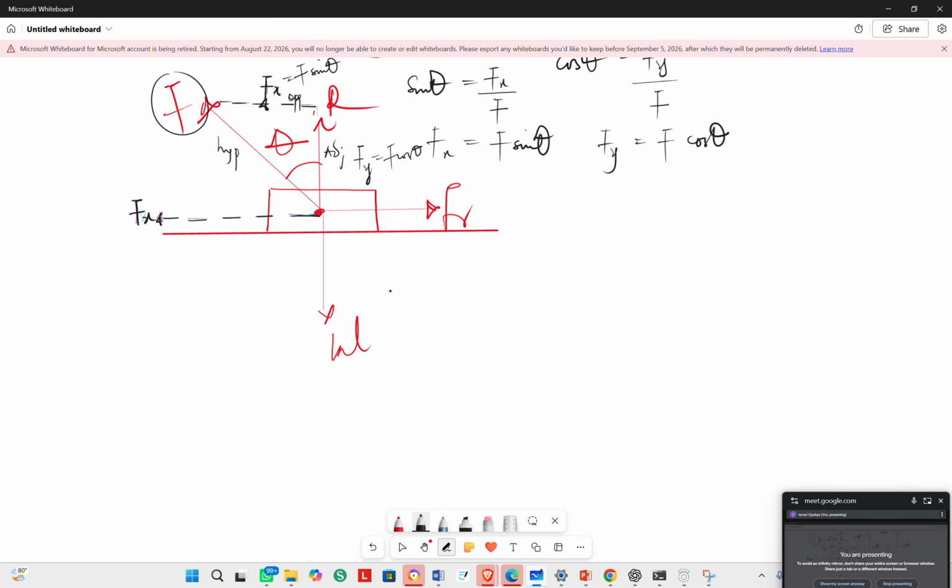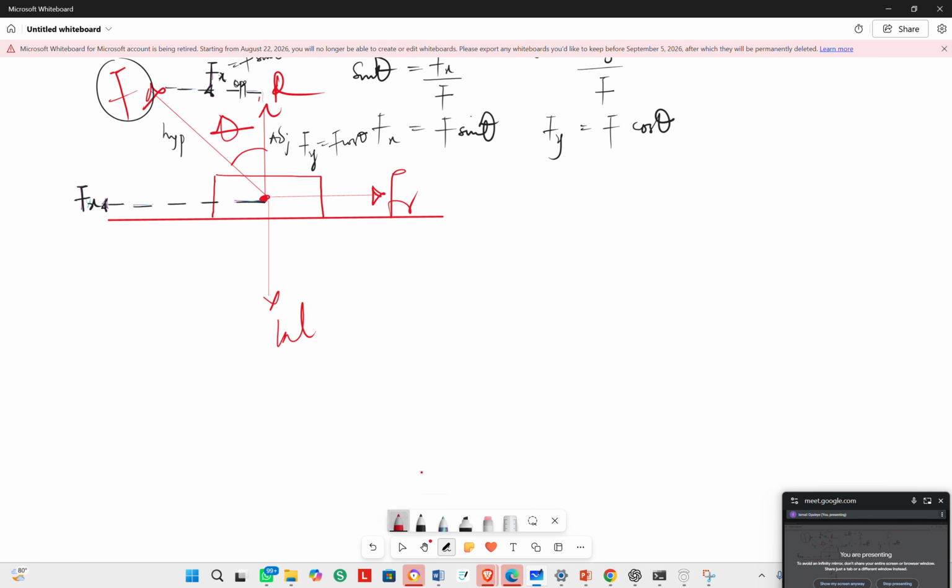So what now happened? Your diagram changed to something like this. So you're going to have your F of R in that direction.